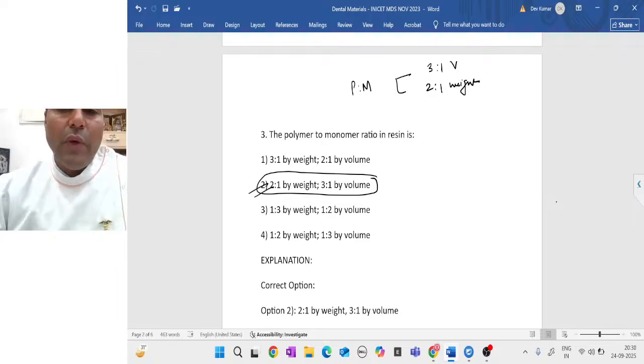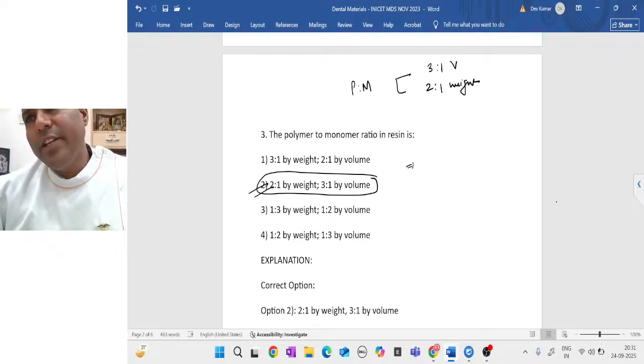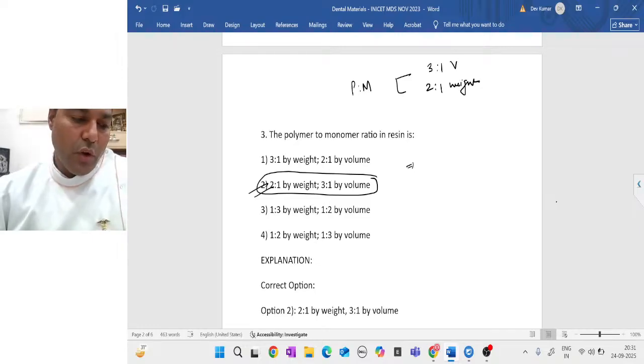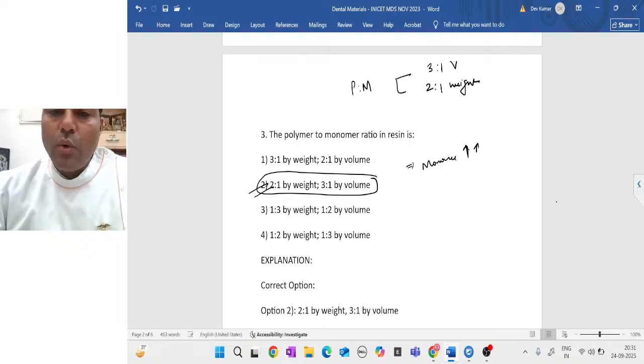तो अब देखो, why do we require this? We require this so that we can have a proper mixing between the powder and the liquid. We get a proper dosage, we get minimum shrinkage during polymerization, and we should have very good properties. If I am having too much monomer, monomer की concentration बहुत ज़्यादा होगी तो क्या होगा?